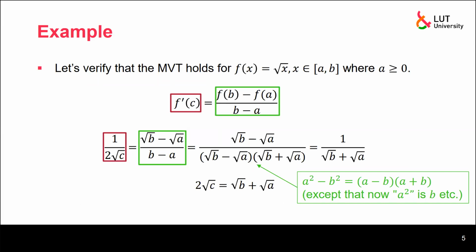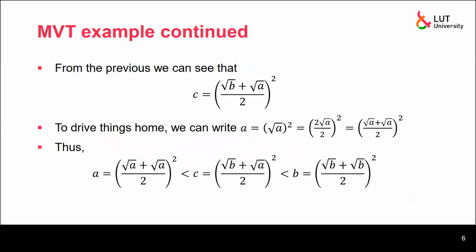Flip around, we get 2 square root of c is square root of b plus square root of a. Divide both sides by 2, and take the square. So we get that c is the square of the average of square root of b and square root of a.